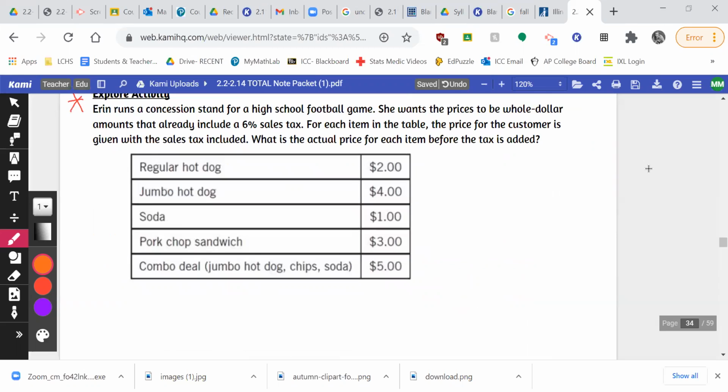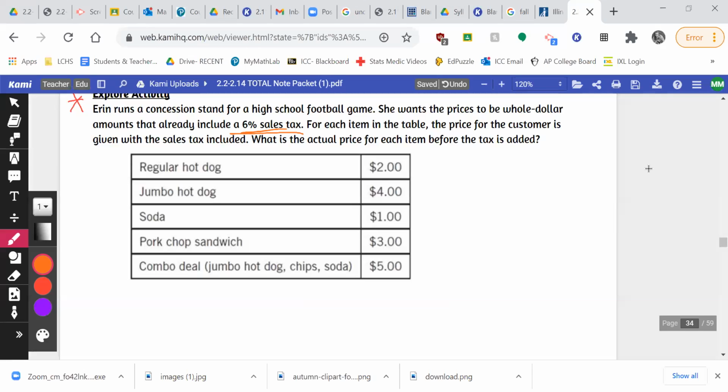So this explore problem says, Aaron runs a concession stand for a high school football game. She wants the prices to be whole dollar amounts that already include 6% sales tax. For each item in the table, the price for the customer is given with the sales tax included. What is the actual price for the item before the tax is added?